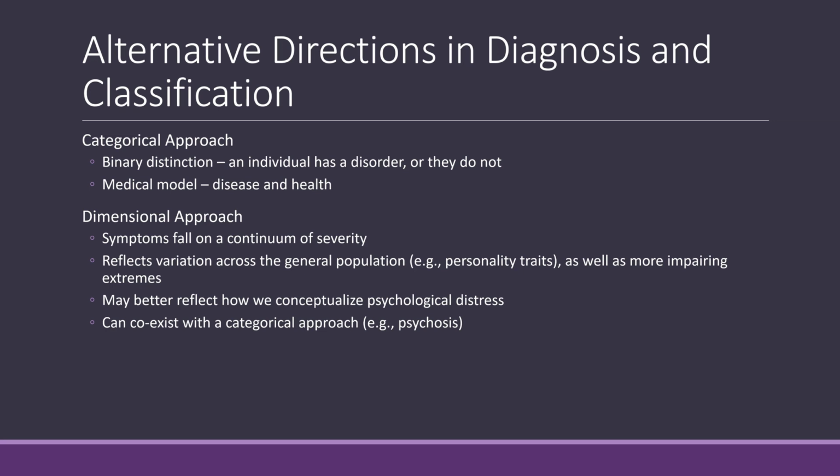A dimensional approach can still coexist with a categorical approach. For example, in psychosis, which my background is in, we have categorical diagnoses such as schizophrenia, but we also recognize that these things happen on a continuum.